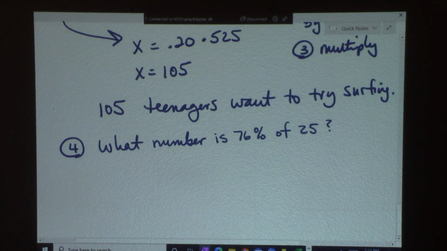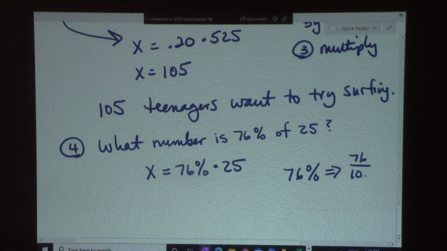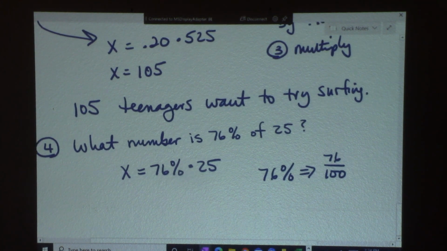I'm going to use the same three steps. So what number is X equals 76% multiplied by 25? So now I've translated from English into math. And now I want to change 76% to a fraction. So I take my percent out and put 76 over 100.